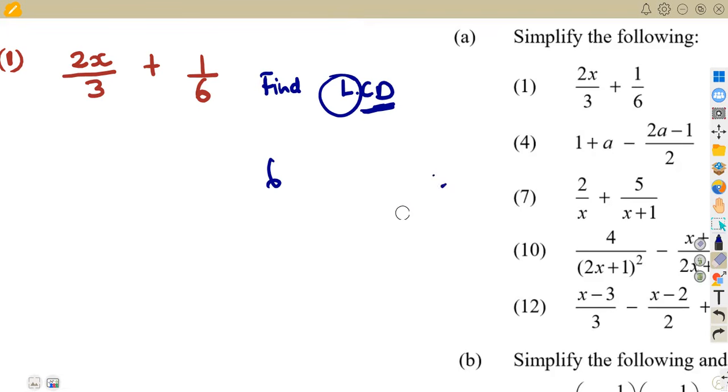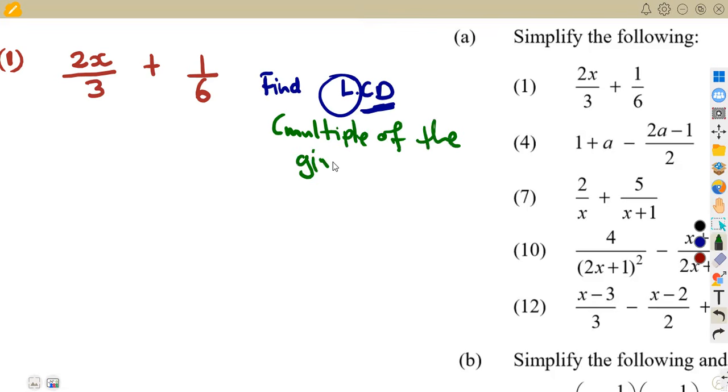So of all these numbers that we could have considered as our common denominators for the two numbers, 3 and 6, there must be a common denominator which is a multiple of these numbers. So the LCD is simply a multiple of the given denominators.